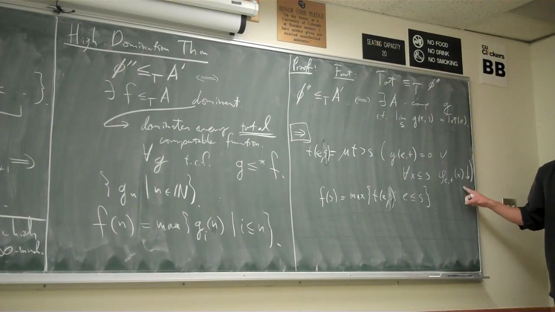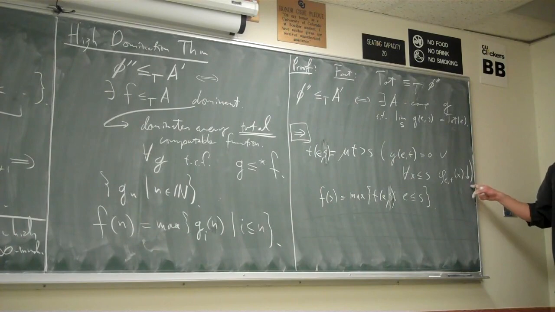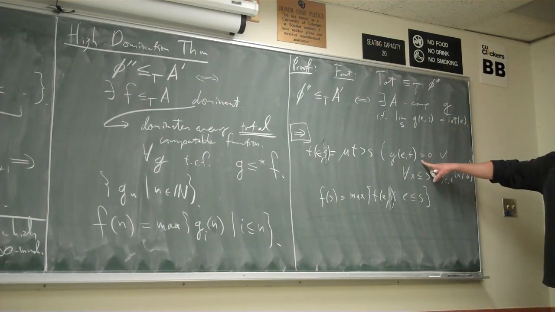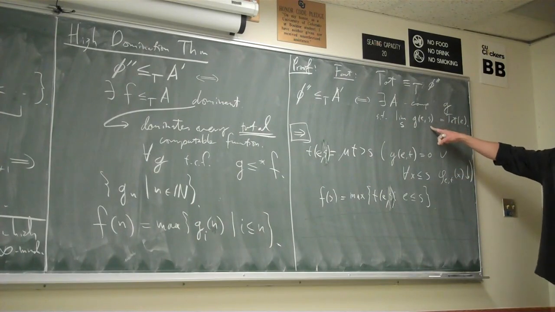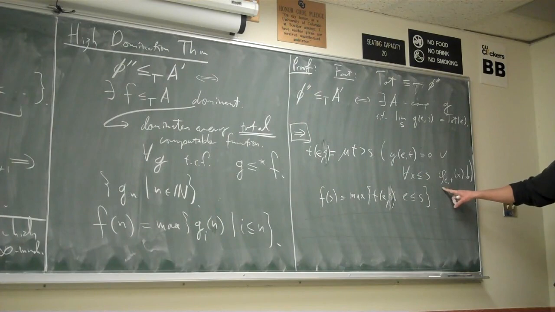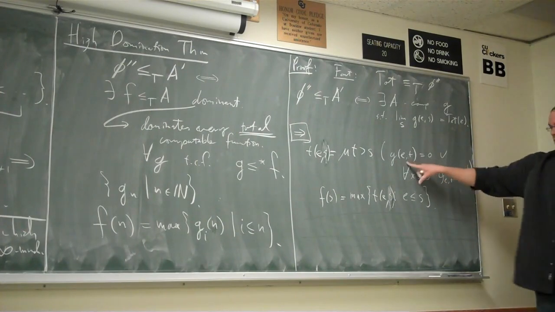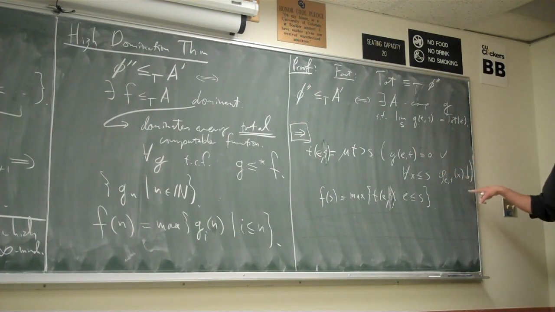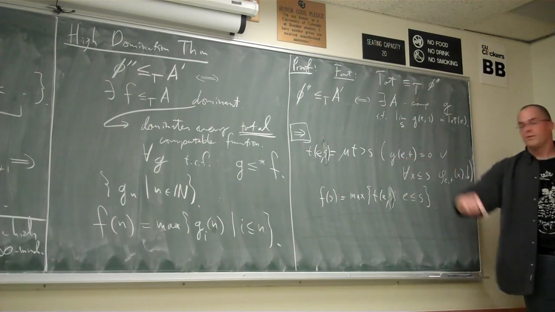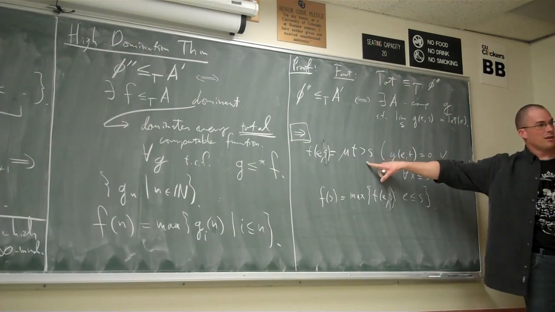Everybody happy with t? So t of e, e is kind of fixed in this. t of e says, look from s onward, either look for a time where everything we want now converges, or where g tells us that we shouldn't keep looking. And because g is a-computable, this function t is also a-computable. This here is computable, this is a-computable, so the whole expression is a-computable, and then we close under minimization.